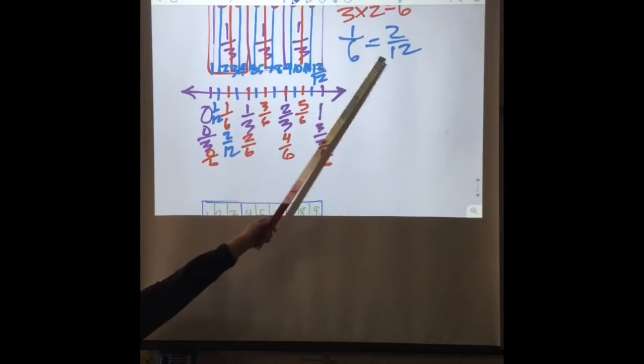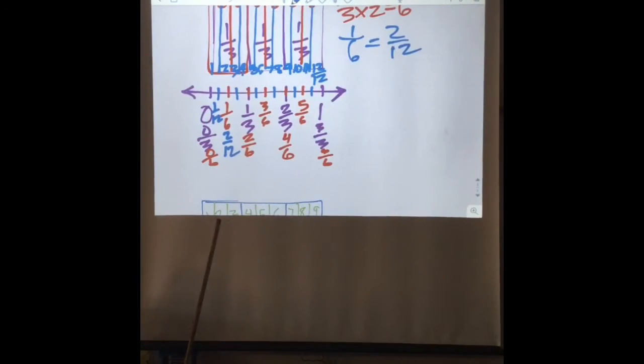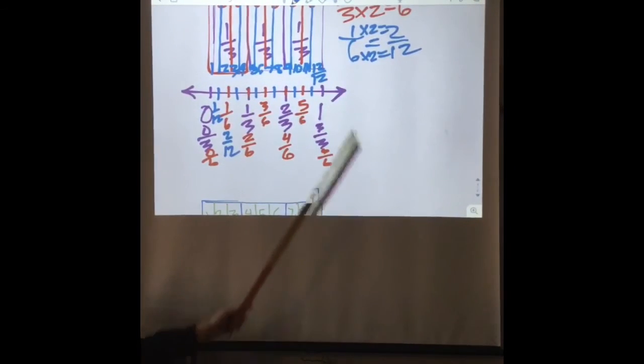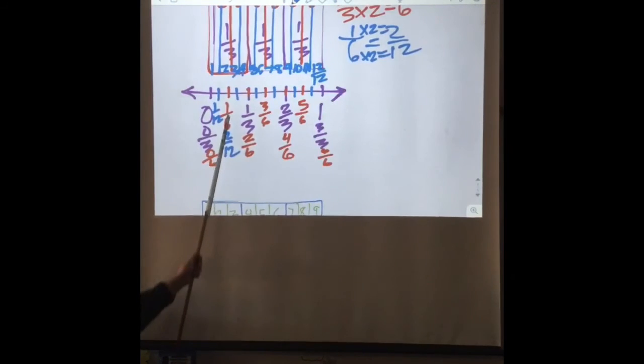And if I multiplied the 1 by 2, it would also be 2. So it's right, isn't it? Yep. Isn't that wild? So when we cut something in half, we multiply by 2. Everybody say it with me. When we cut something in half, we multiply by 2. Pretty cool. So 1/6 equals 2/12.